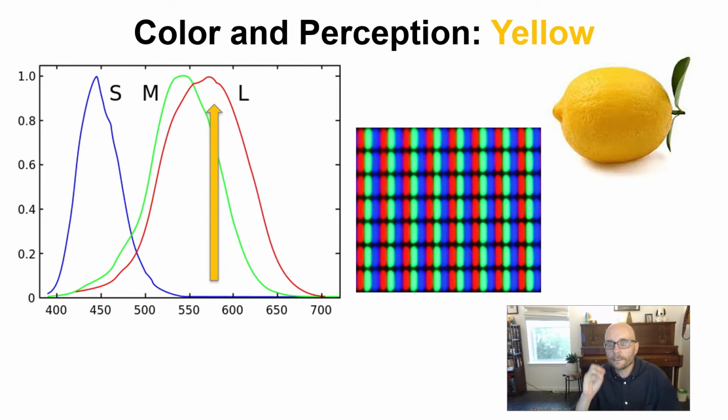But your brain is confused. Your brain is like, well, I'm seeing X amount of red pixels and X amount of green pixels that fall somewhere on this part of the spectrum, and that's what yellow things look like, so I must be seeing something yellow, even though you're not.